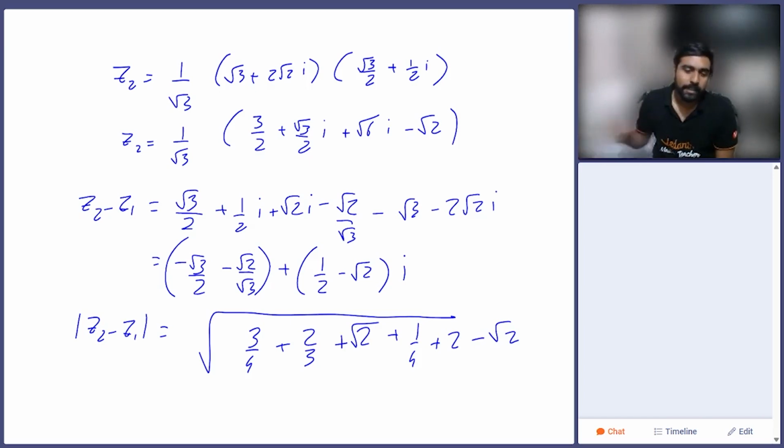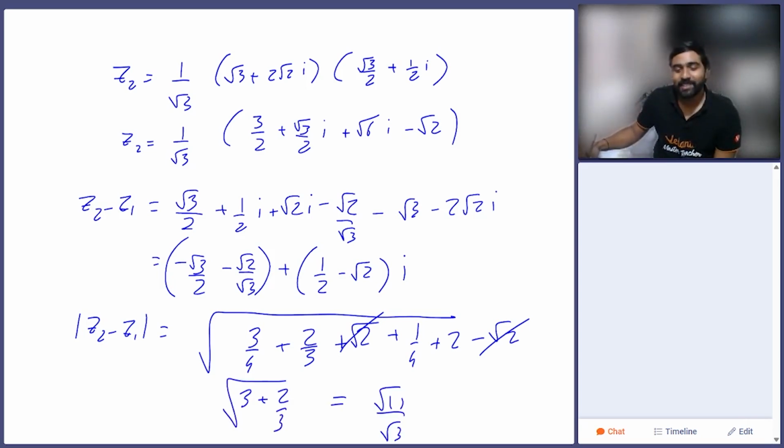Okay, this will be plus now. Minus whole square will become just plus over here. So both of them get cancelled out over here. And then what do we have? 3 by 4 plus 1 by 4, that's equal to 1. Plus you have 2 by 3 plus 2, basically 3 plus 2 by 3.